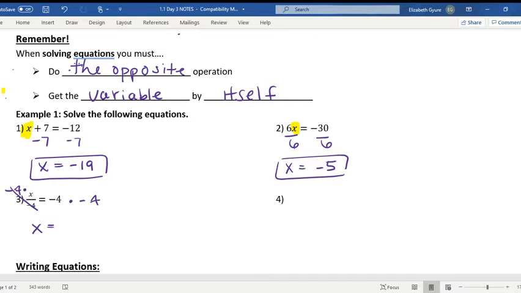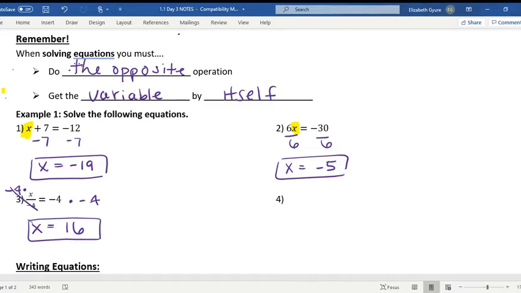A negative times a negative is a positive. And 4 times 4 is 16. So this would be positive 16. Good. And again, guys, if you're not sure, especially if we had a little bit bigger numbers, plug it into a calculator, right? Then that's okay.